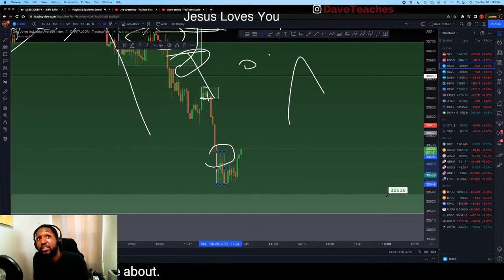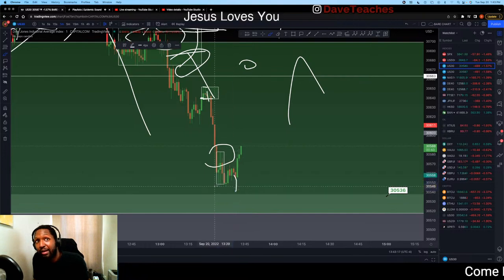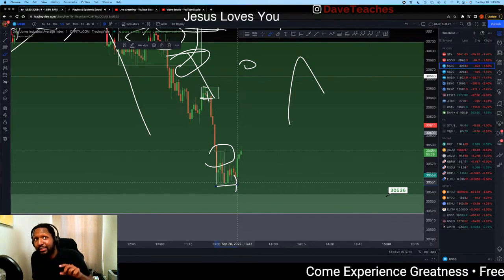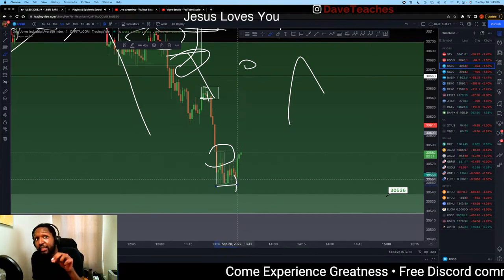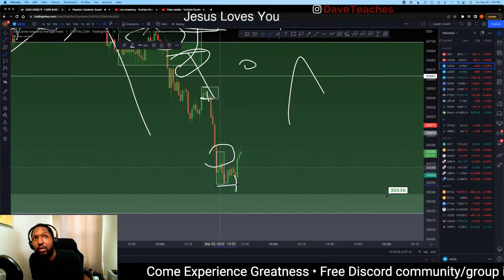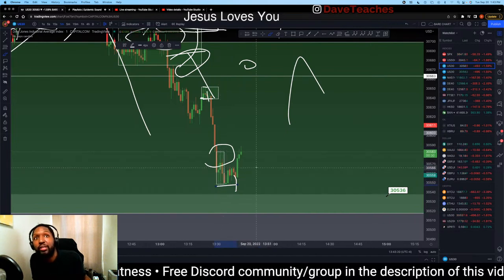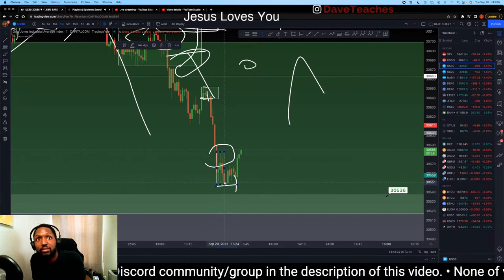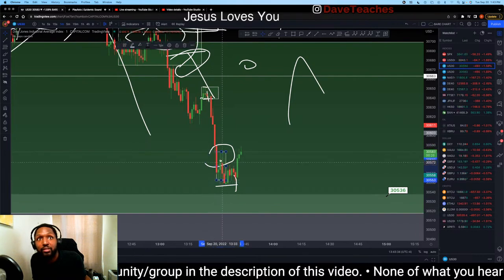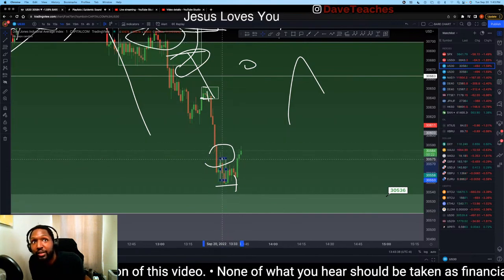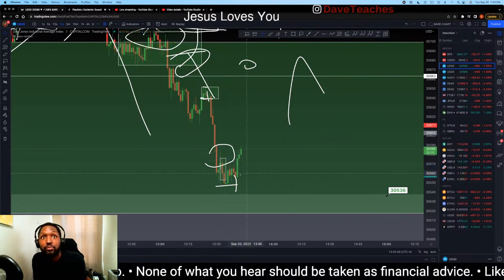Usually we have a rejection out of the bottom of it, but what I've seen at times is price can often... oh no, here we go. We tapped in. Oh, there was a smaller one in here. Look at this, guys. So here's the smaller hidden S&D right in here.